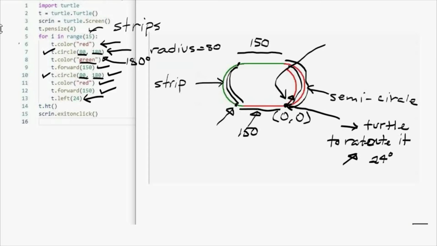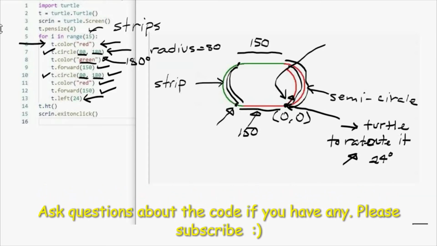So color red again, we're just repeating, and then we draw the semicircle. Okay, we repeat this loop here 15 times, so that we will have 15 strips.